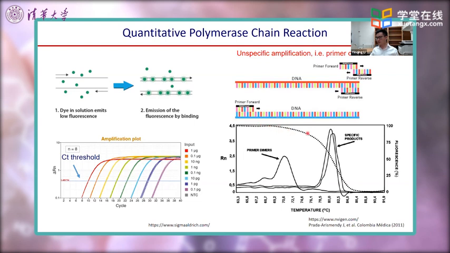And if we take the derivative of the fluorescent signal, then we should see a signal that corresponds to the primer dimer. And the target sequence is longer, and so it will be separated at higher temperature. And if we take this derivative, we should see a signal that corresponds to the target sequence.